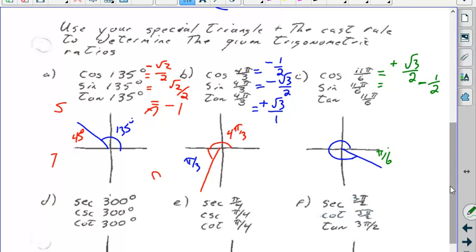It's below the x-axis there. And tangent is 1 over square root 3, 1 being the opposite, and square root 3 being the adjacent. But we are in this quadrant, so tangent is negative.